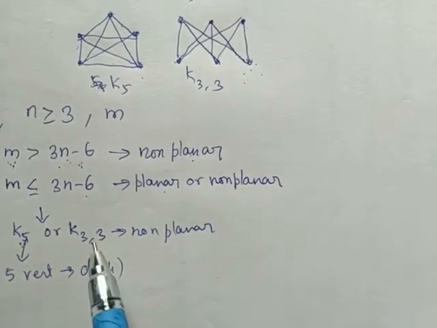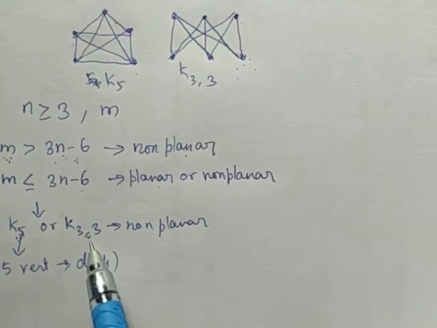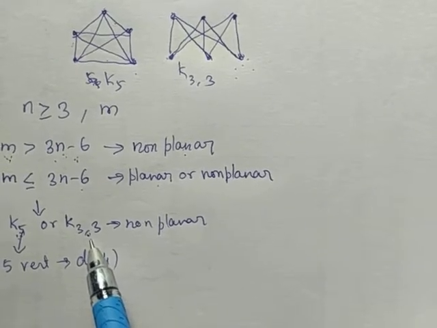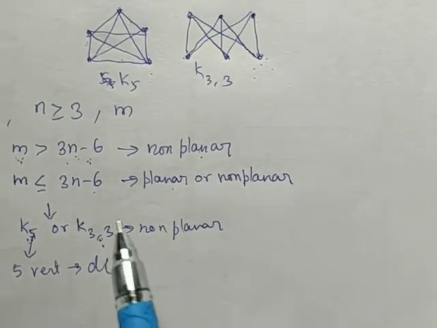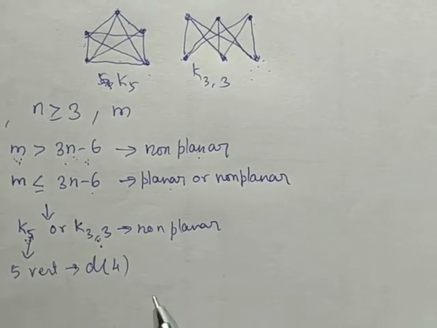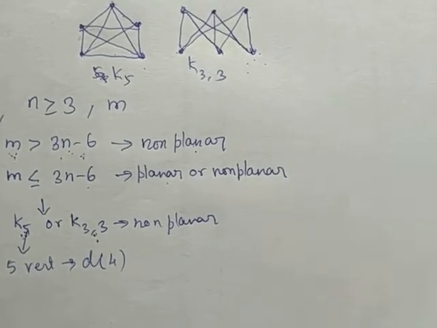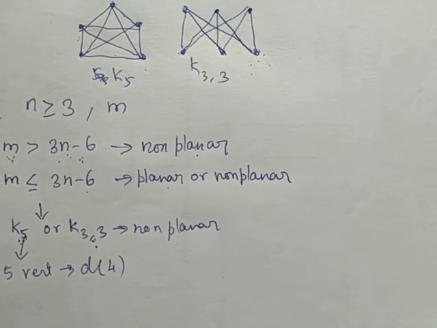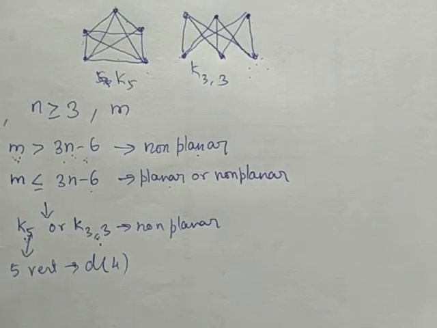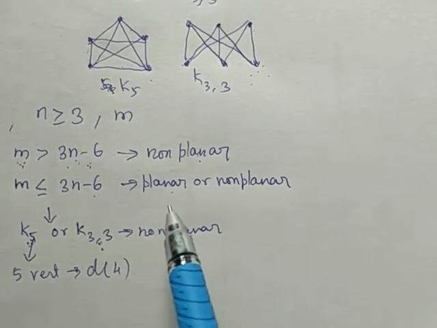So in the case of K3,3, we have to find a subgraph containing 6 vertices of degree 3, divided into 2 sets, V1 and V2, such that vertices in V1 are connected to vertices of V2. In all those cases, we can prove the graph is non-planar.